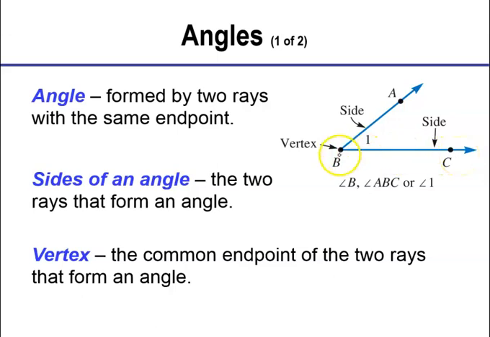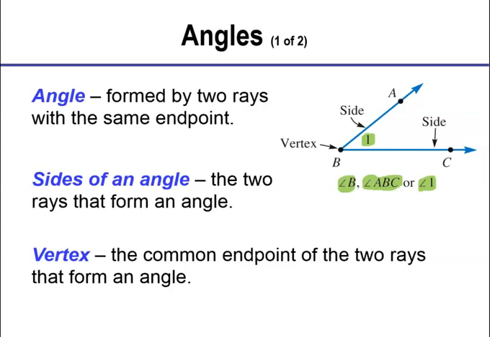The point where they intersect, that's called the vertex. And notice the naming. You could call this angle B, just using the vertex. You could also call it angle ABC, or you notice there's a 1 right here. We could call this angle 1. So angles are named many different ways.